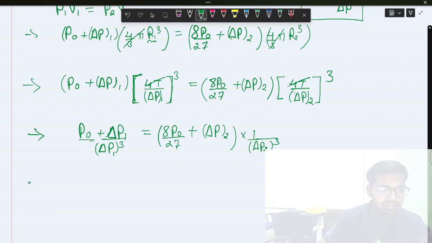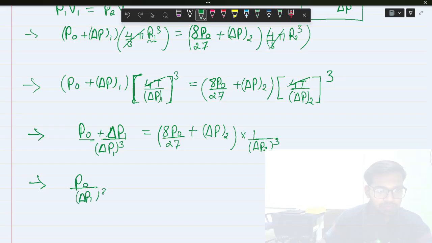Finally, we can write the equation as P naught by delta of P1 to the whole cube equals 8 times P naught by 27 into 1 upon delta P2 to the whole cube.